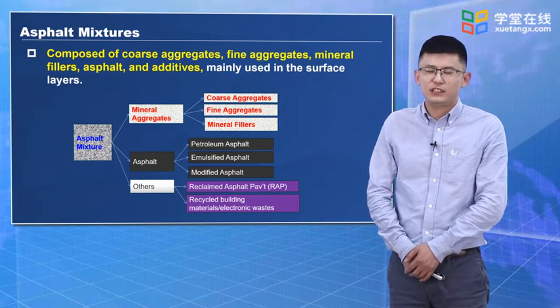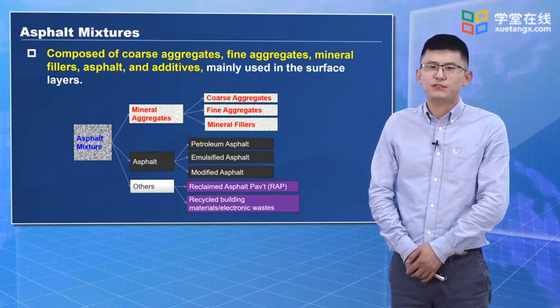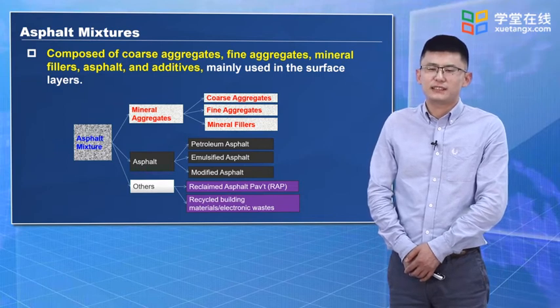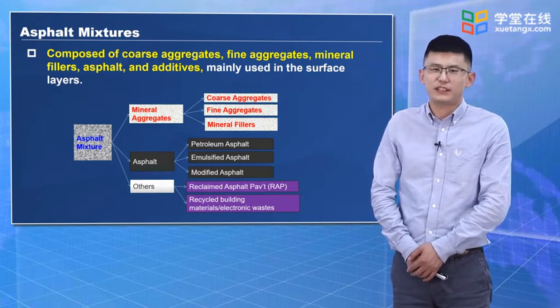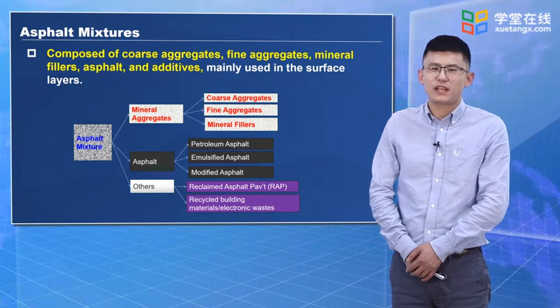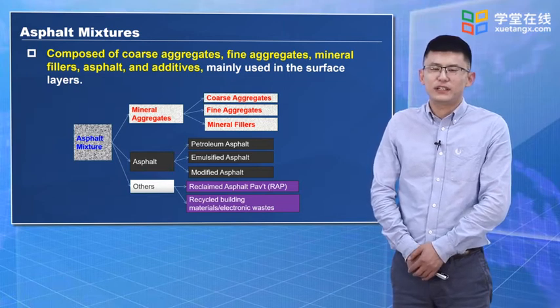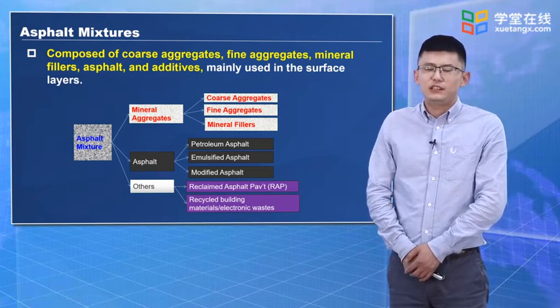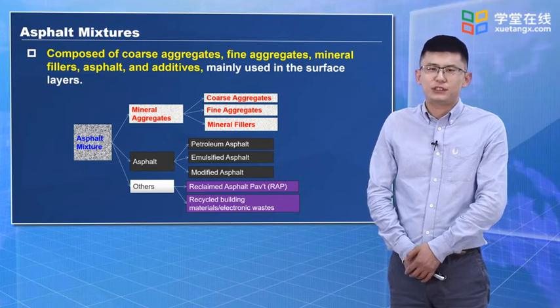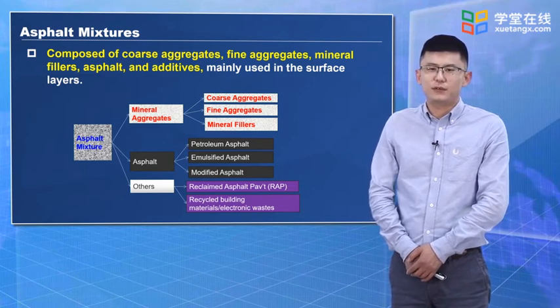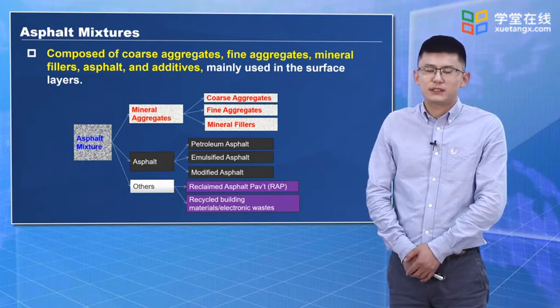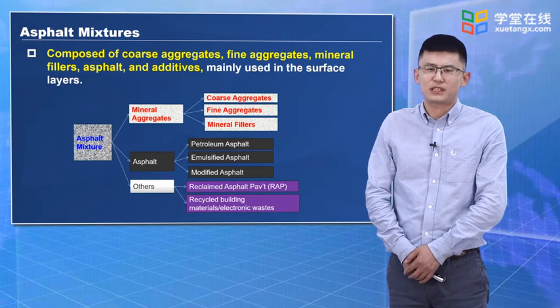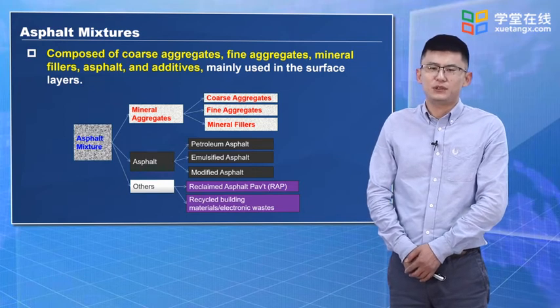For the asphalt, we could have petroleum asphalt, emulsified asphalt, and sometimes modified asphalt. And for others, we have a lot of other materials that can be used in asphalt mixtures, for example, recycled asphalt pavement, recycled building materials, and even others, for example, recycled tire materials.